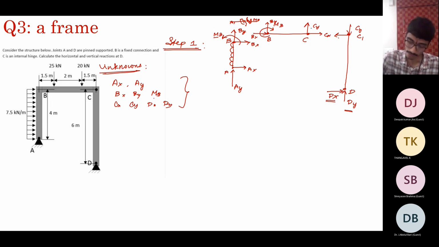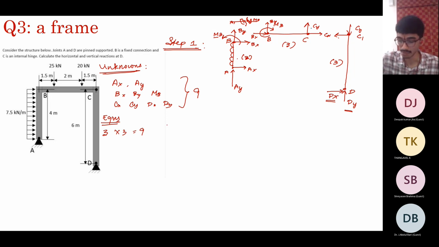You have 4 plus 3 plus 2, so you have 9 unknowns. And how many equations? You have 3 equations of equilibrium for each of the parts. Here you have 3 equations, here 3, here 3. So 3 into 3, you have 9 equations. Since they are equal, it is statically determinate.